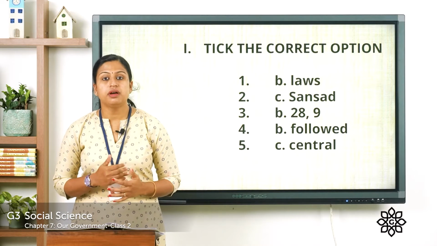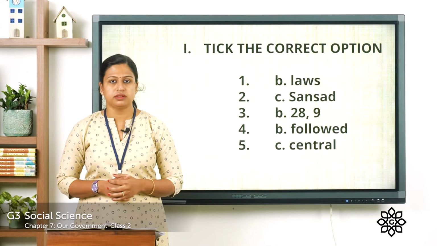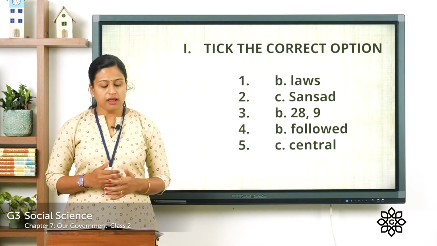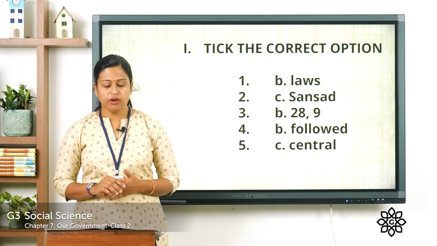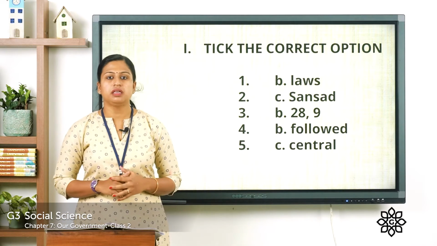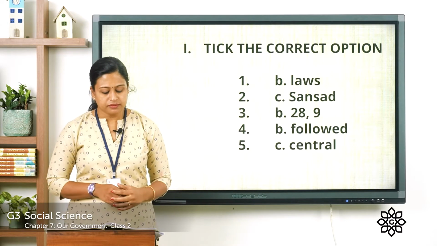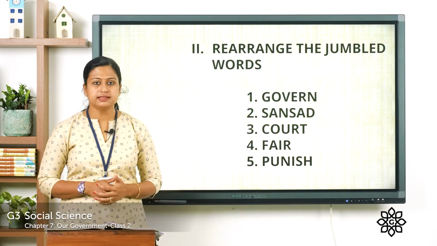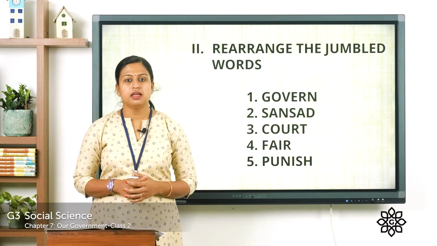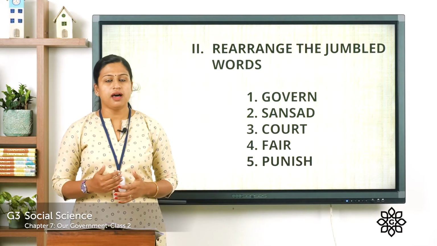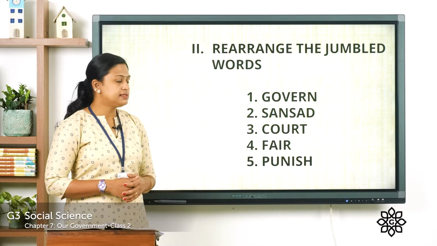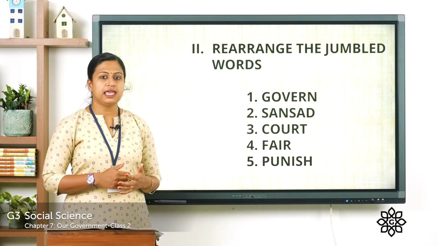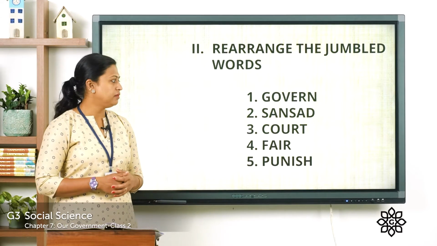Now we'll move to the second exercise. Here you have to rearrange the jumbled words. There are 5 jumbled words and you have to arrange them in the given box. Now let's check the answer. First one is govern, and the spelling is govern. Second is Sansad, Sansad.